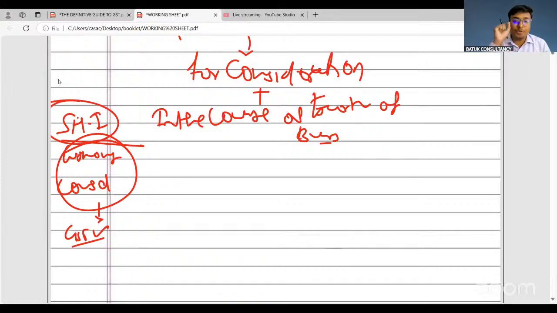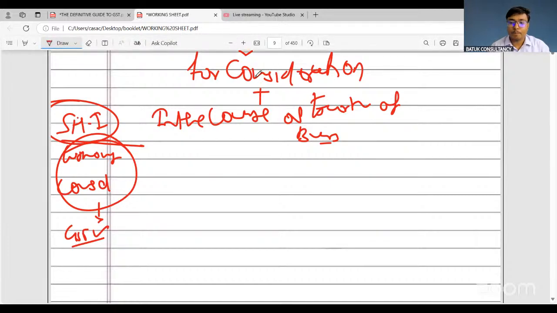Now I just want to read the language of the section on supply. I am not going to disclose the section number, we'll definitely discuss it.